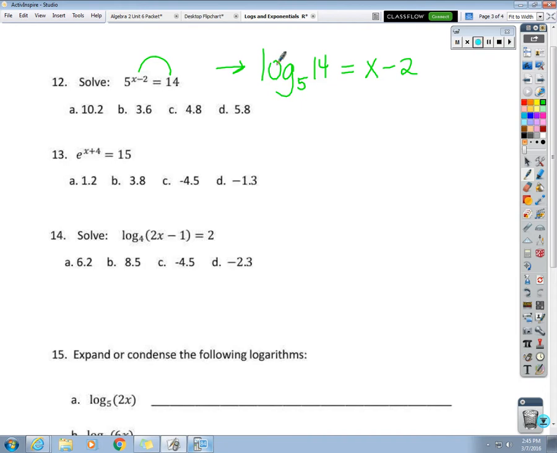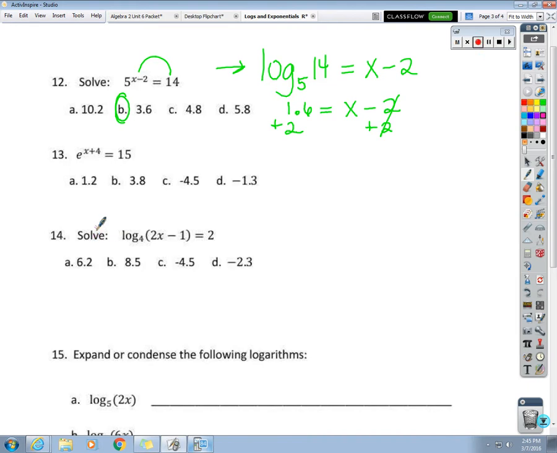Okay, now you just evaluate that. Go ahead and type that in. Okay, what is log base 5 of 14? 1.6. And now to isolate the x, what do we do? Add 2 on each side, and so what's 1.6 plus 2? 3.6.